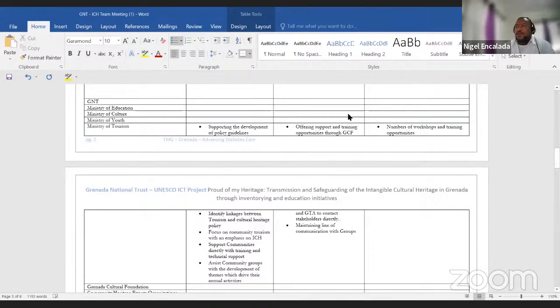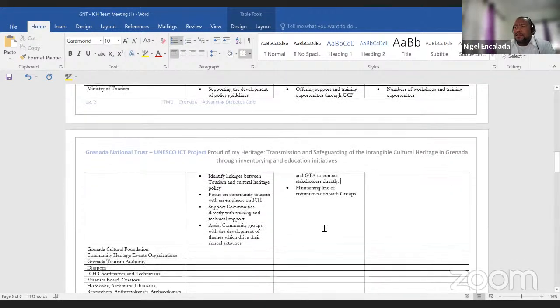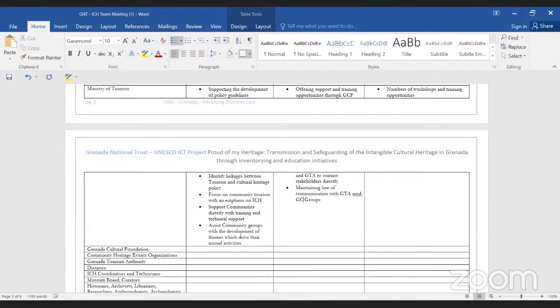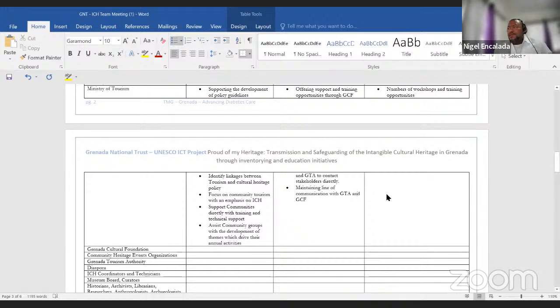All right, those are some very specific processes. Good. And then of course maintaining line of communication with whom was it? GTA and GCF. Yes, GTA and the parish, the various parish organizations. All right. Sounds good.